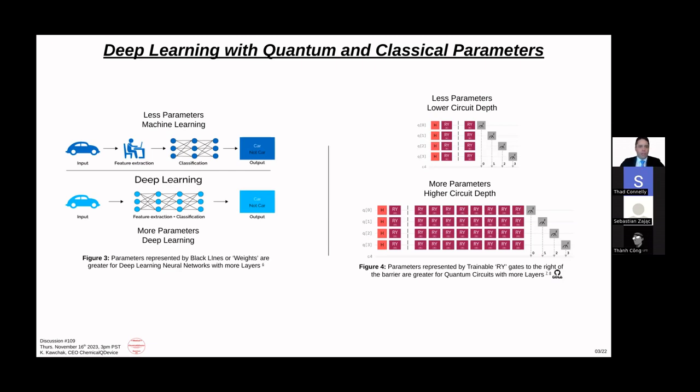For this first one, many of you that have done machine learning and deep learning are probably aware of this diagram. Basically, machine learning can have more reliance on the human, as opposed to deep learning with more layers to do feature extraction and classification. In this specific diagram, the black lines are considered weights.